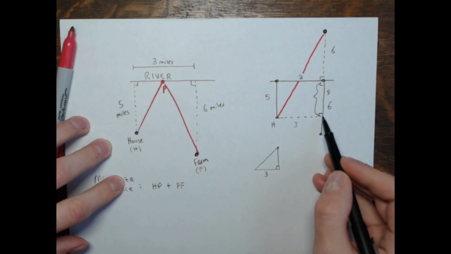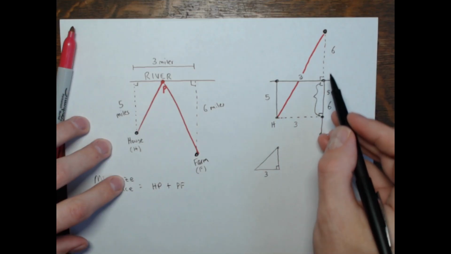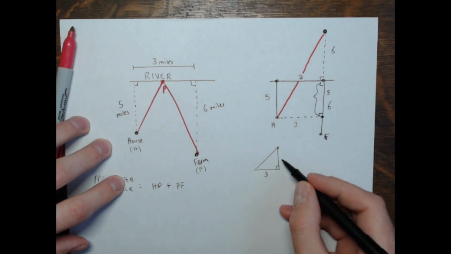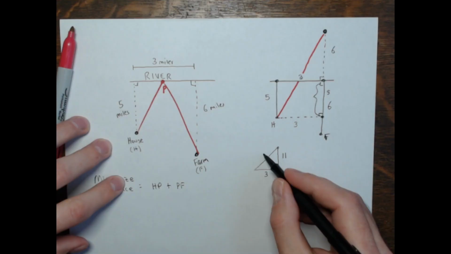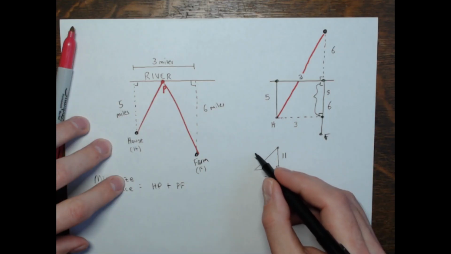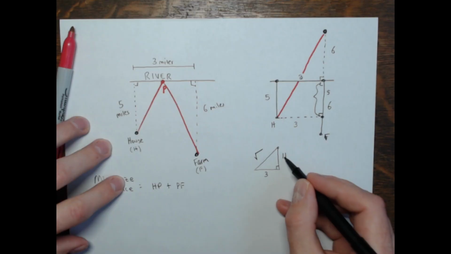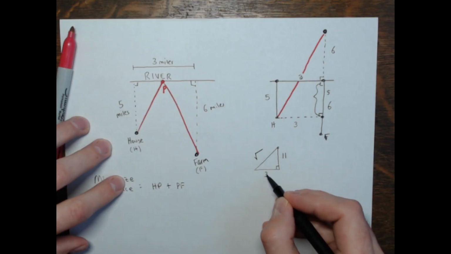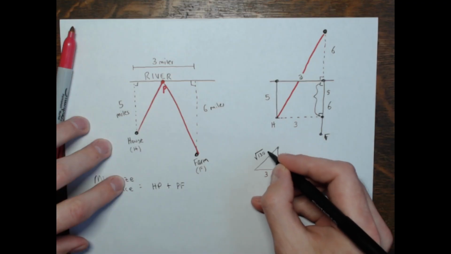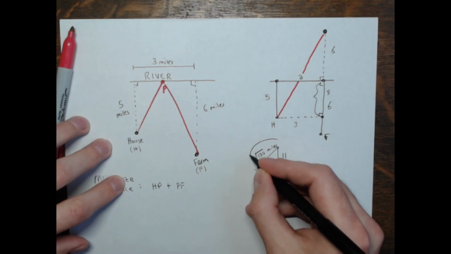And then from this point here to that reflected point is 11 miles. And then our minimal distance is the square root of 121 plus 9, right, using the Pythagorean theorem. 121 plus 9. So the square root of 130 miles will be the minimal.